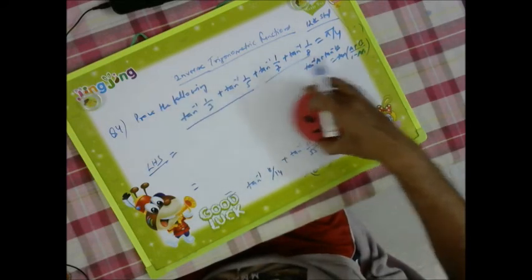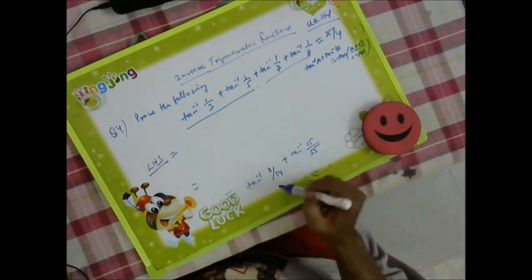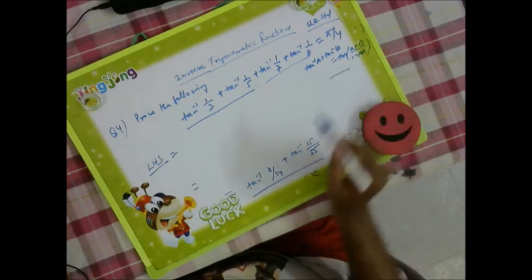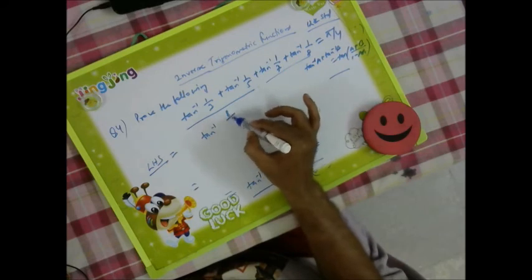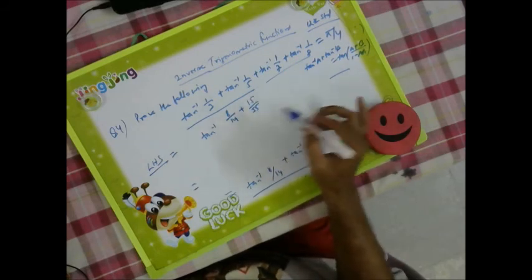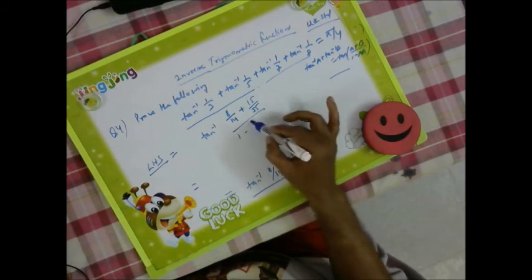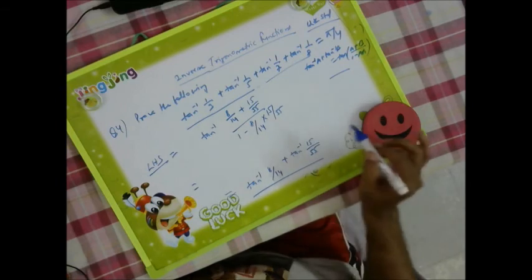So further, again we will be utilizing the same formula here. Tan inverse of (8 by 14 plus 15 by 55) divided by (1 minus 8 by 14 into 15 by 55).